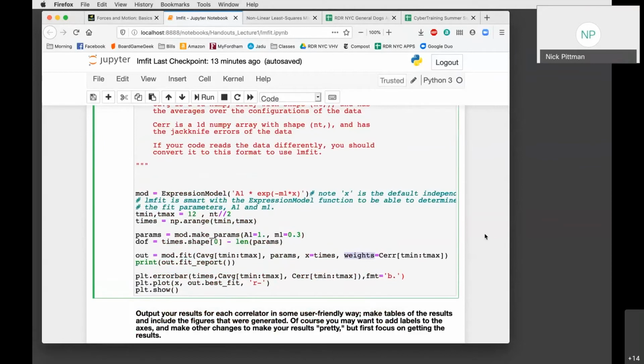Oh, so convergence issues. Try making sure that the initial guesses are different. Do you have the same values for the initial guesses? Yeah, I just used the same ones. So generally, what you would expect is A1 and M1 would probably increase the mass of the second and decrease the coefficient. Yeah, that's what we would normally expect.